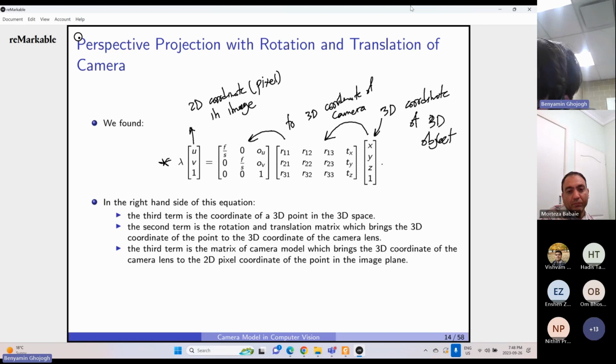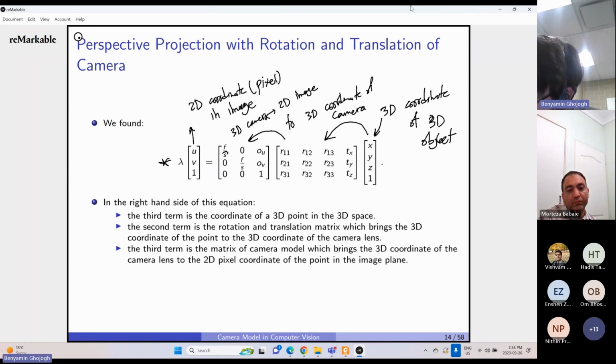It maps the 3D coordinate in the camera to the 2D coordinate in the image or negative of the camera. Did you understand? So we have two steps. First, we map the 3D coordinate of the object to the 3D coordinate of the camera. Then we map the 3D coordinate of the camera to the 2D coordinate of the negative of the camera. Right? That's very interesting, I believe.